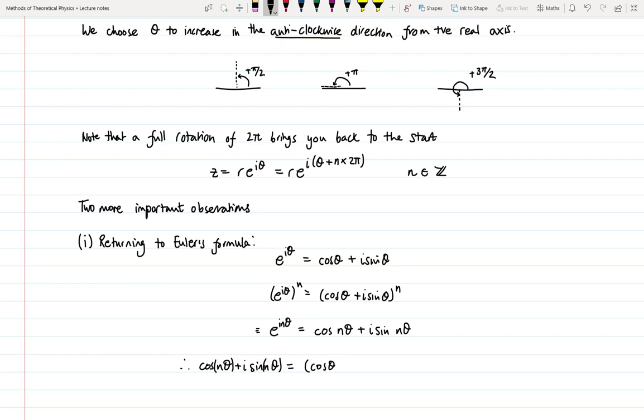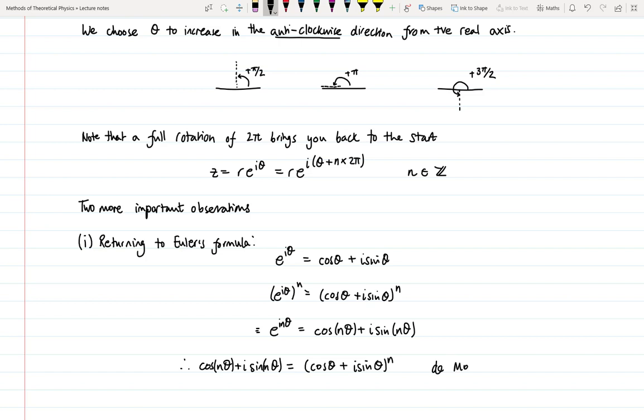This is cos of theta plus i sine of theta to the n. Now this relationship is essentially linking trigonometric functions of multiples of an angle to powers of trigonometric functions of the angle without multiplication by n.